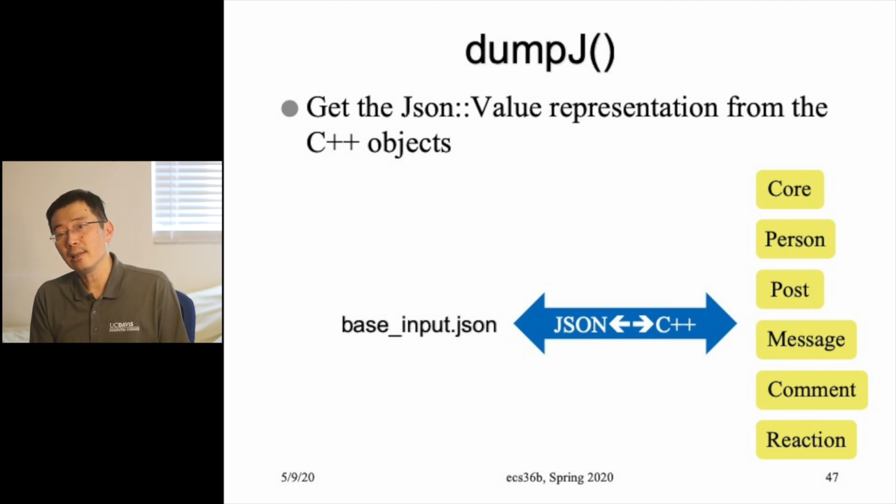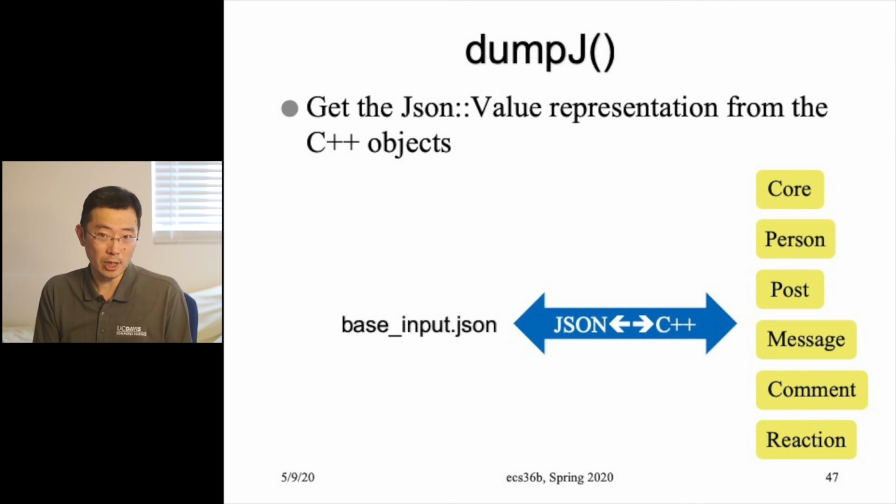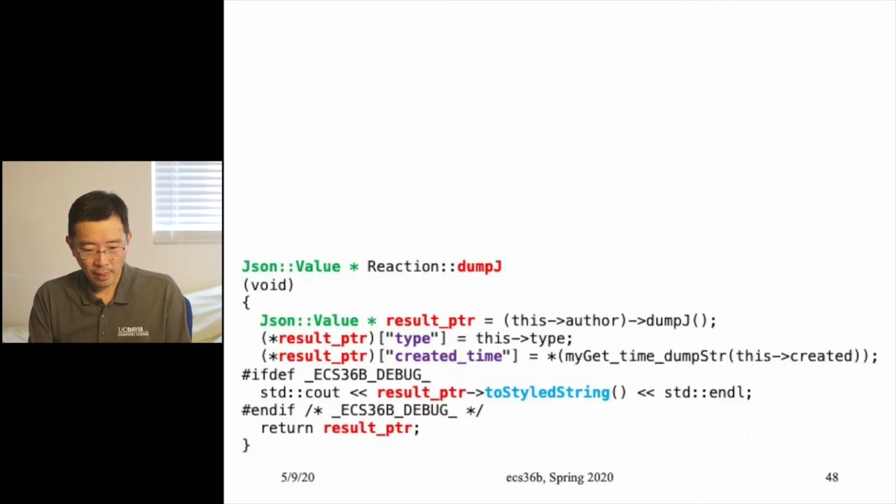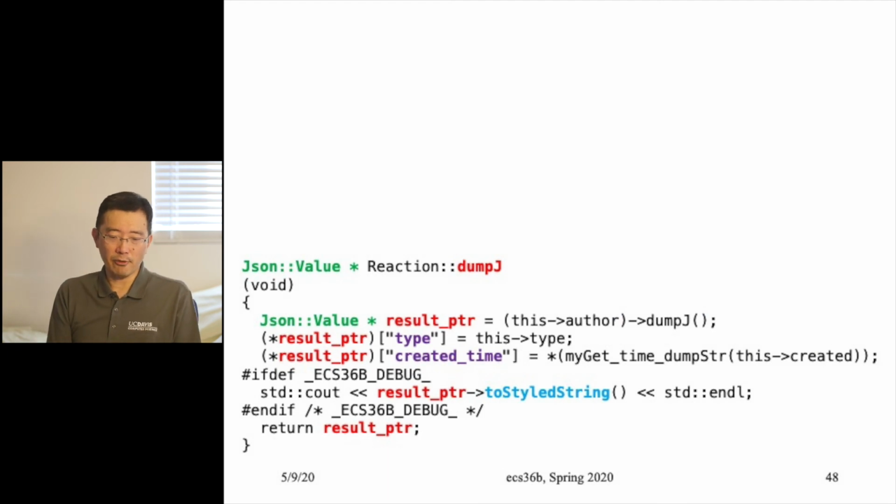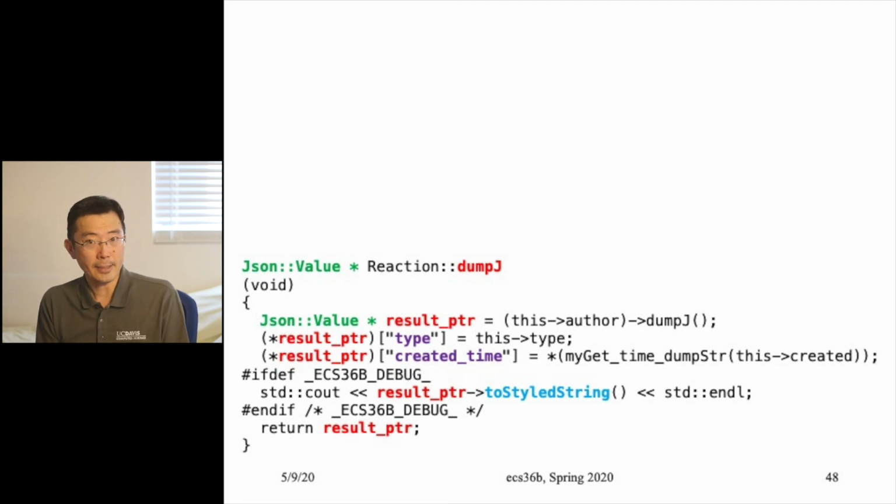Okay, so I'm going to show you an example. How do I write the dumpj routine for the reaction object we just stitched together? Here is my code for dumpj for reaction. You can see this is Reaction::dumpj. If you remove the debugging code, it's really 4 lines of code.